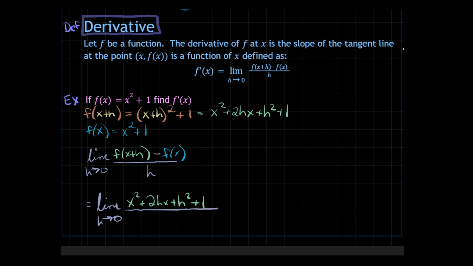Your f of x is x squared plus 1, and those things are being subtracted, and that's all over h. Now, I made a mistake here, and I made it on purpose because it's a super, super common mistake that's going to mess you up if you're not really, really careful. Pause your video real quick and see if you can figure out what is my mistake that I made here in substituting my f of x plus h and my f of x.